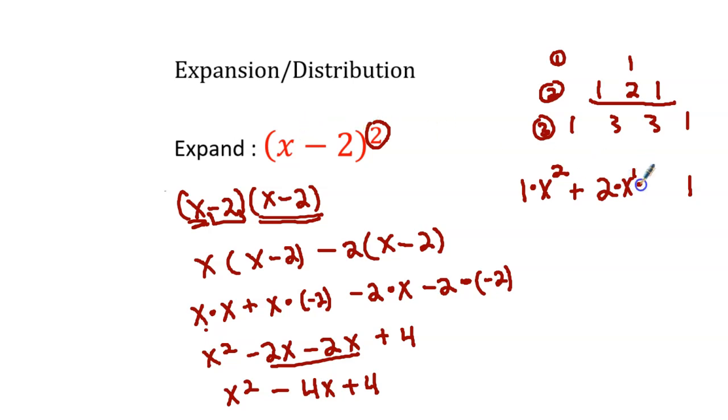So here, and then times -2. You bring your plus, and lastly we multiply this by -2, but this time around it's going to take all of it. Then we multiply, we get x squared. This 2 times that will be -4x, and this will be +4.